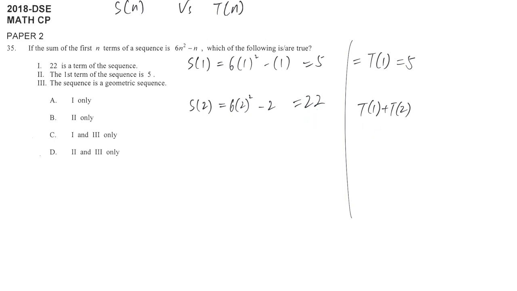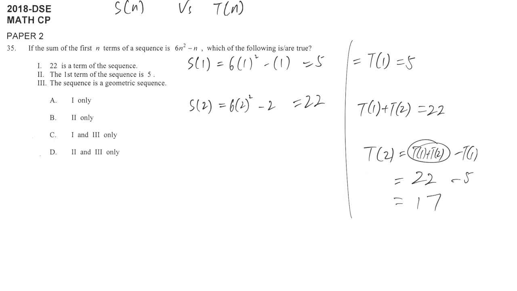So if you think carefully, it means that two terms together give you 22. If you are talking about T2, then you use T1 plus T2 and then minus T1. Remove the unwanted part, then you can get T2. The first two is 22 and then minus 5. The second term is 17.